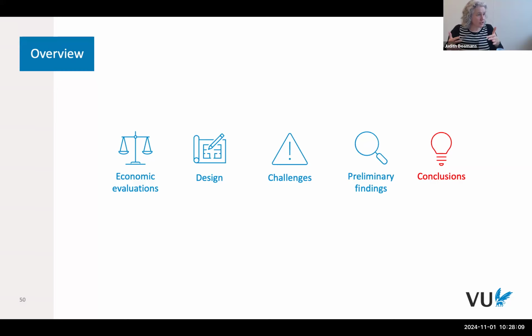Do you want to inform decision making? Then you really have to make sure that the setting that you include in your trial is also representative of the actual decision-making setting. If you're really interested in efficacy, so in establishing whether this new treatment works in a very highly selected group of people, then it's okay to use a selected group of people.